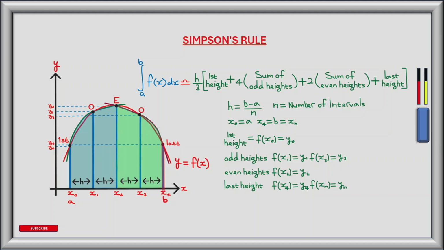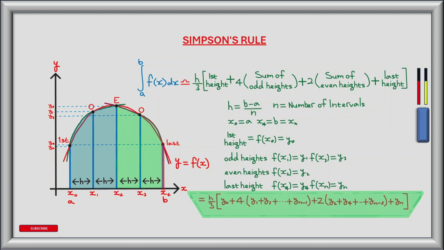It's obtained by evaluating the function at xn, or in this case, x4, which is the end of the defined interval. The general form of the equation can be written as h divided by 3 multiplied into the first height y0 plus 4 times the odd heights, which range from y1 to yn minus 1, plus 2 times the even heights, which range from y2 to yn minus 2, plus the last height yn.